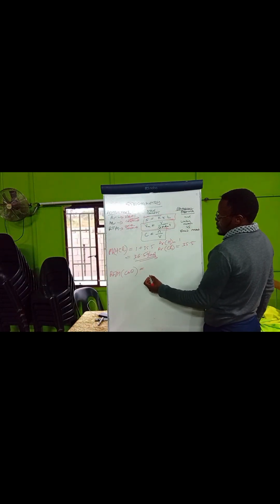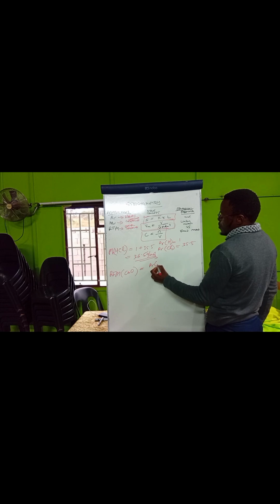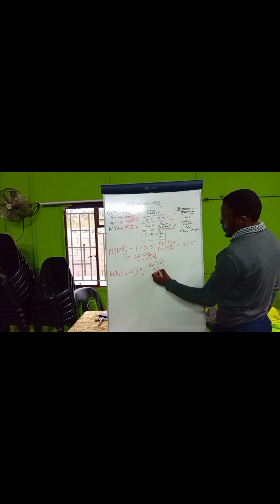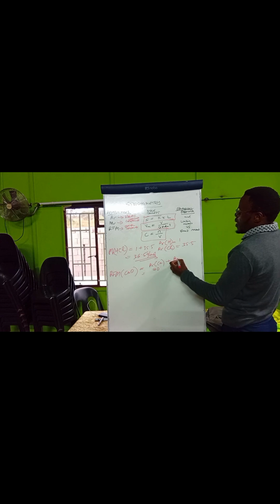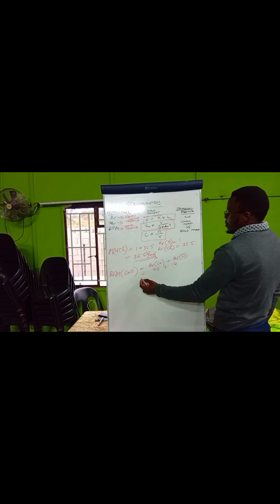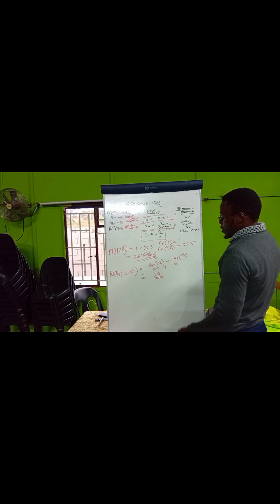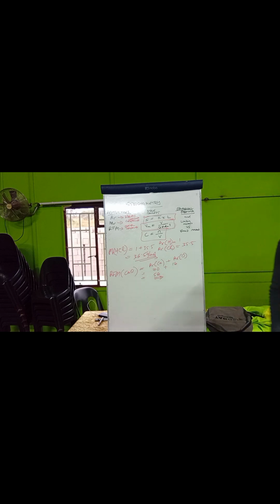Now, this will be equivalent to the AR of calcium, which I believe is 40, plus the AR of oxygen, which will be 16. So the RFM will be 56. Now notice I do not have units because it's the relative formula mass.